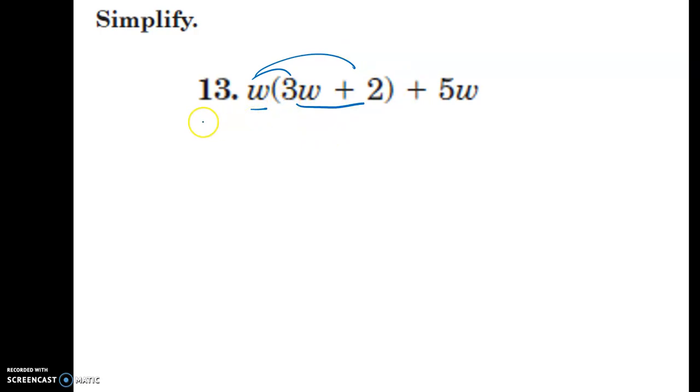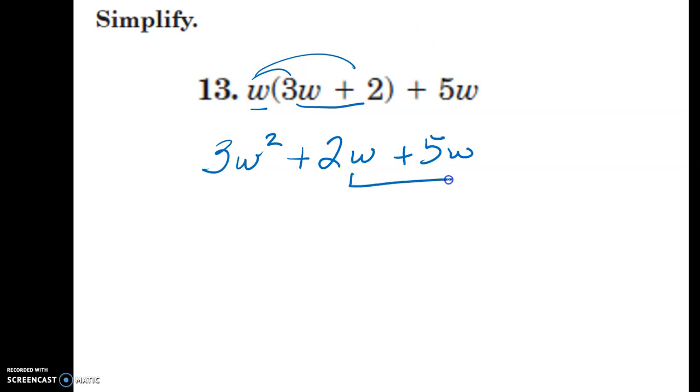So 3w times 3w is going to give me 3w squared. Remember the idea of w times w is w squared. I could distribute that out to the 2. Gives me 2w. So I've gotten rid of my parentheses. So that now tells me, hey, I got to simplify. Remember, I'm not going to distribute out to the 5w because he's not included in the parentheses. That's old business.